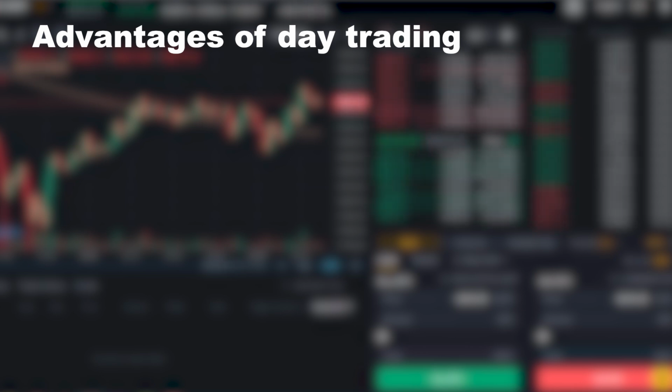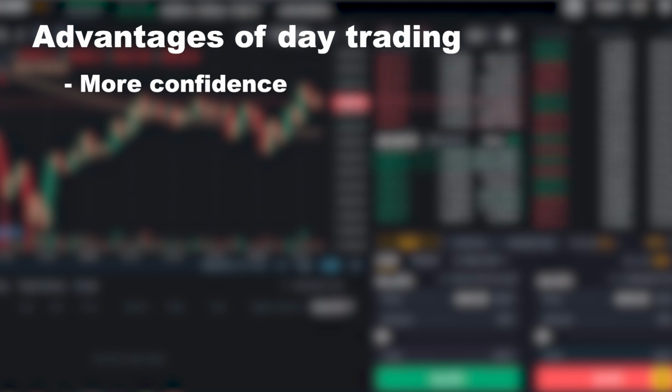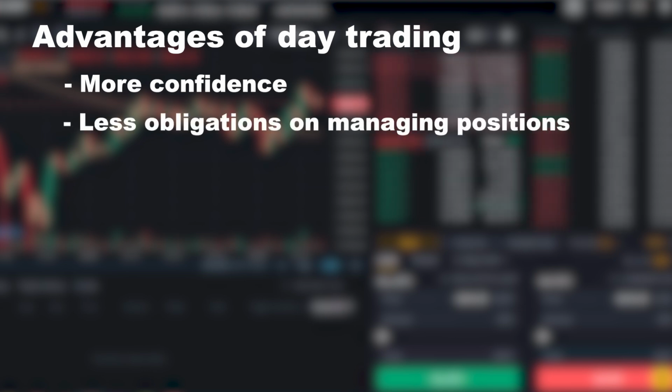Advantages of day trading: as I explained, day traders take fewer trades, but the ones with more analysis and research, so this helps them have more confidence with each trade, and this has a positive effect on emotion control because day traders take fewer trades and they wait until a valid setup appears. So unlike scalpers, they have less obligation on monitoring and managing their positions.